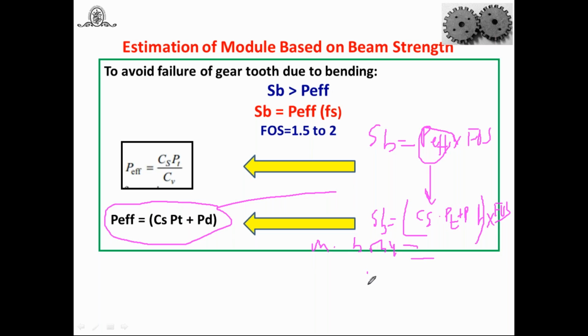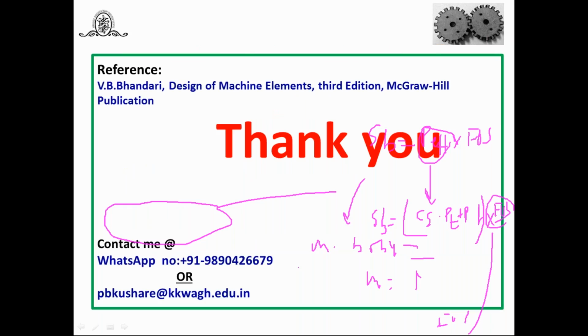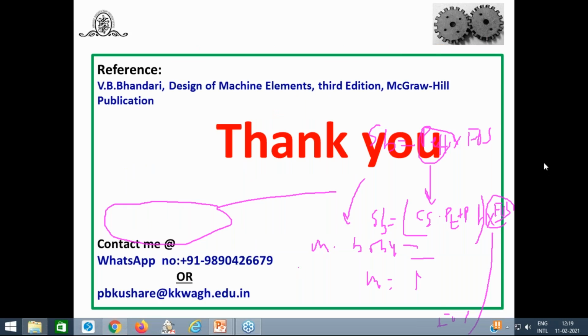So what you have to do? You can determine M or module, or if earlier you have determined the module, find out the FOS. This calculated FOS should be less than the application FOS. In this way you have to complete the design by using beam strength. I hope you got it.